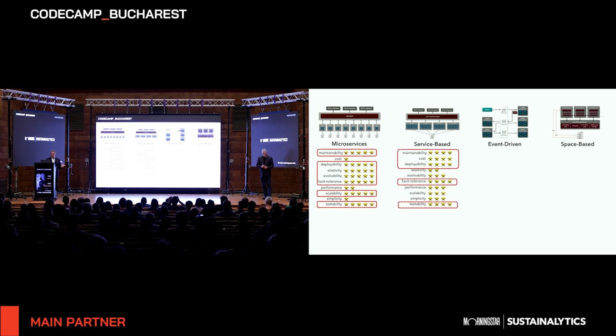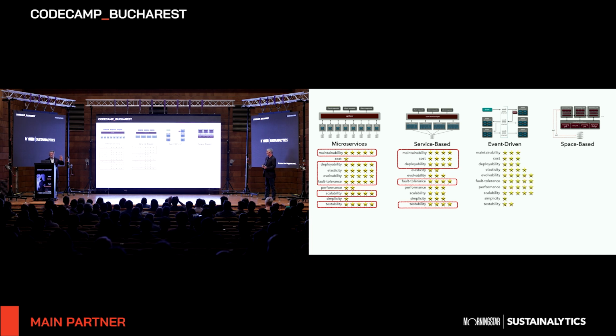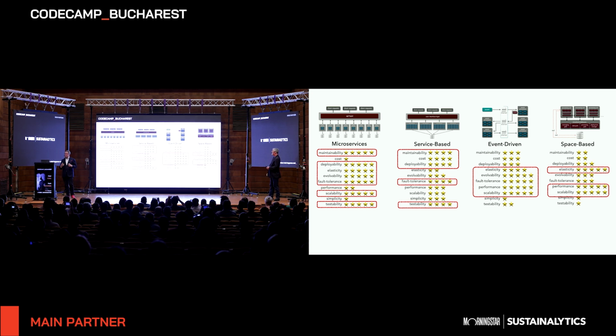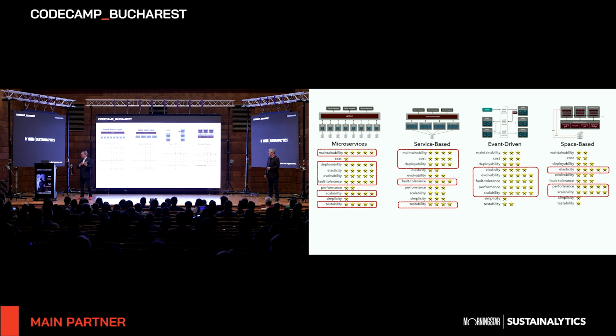Service-based architectures, which are a hybrid, have maintainability and cost and deployability as their highlights. Event-driven architectures are really good at elasticity, scale, and performance. Space-based architectures are really good at scale, performance, and elasticity as their sweet spot. What this allows you to do is an analysis before you write all the code, to look at the magnitudes of differences between one thing or the other.